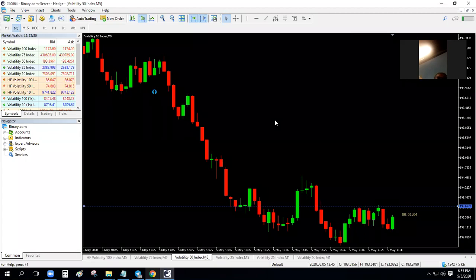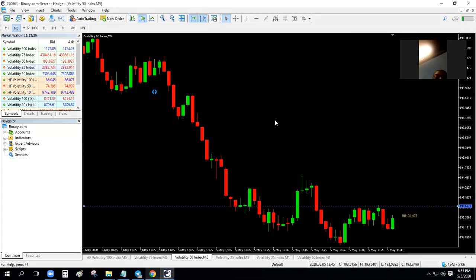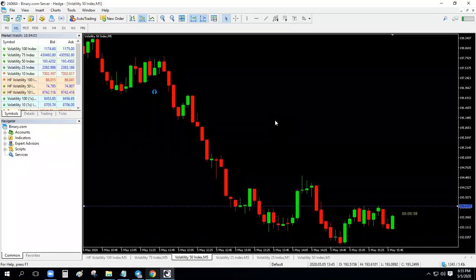Again, we always trade with not more than, for me, when I'm trading volatility indices, based on my level of trading, I never trade with more than 5% of my account per trade. Recommended 2 to 3%. So if you have a $100 account, you can trade with $3, you can trade with $5, $4, $2.